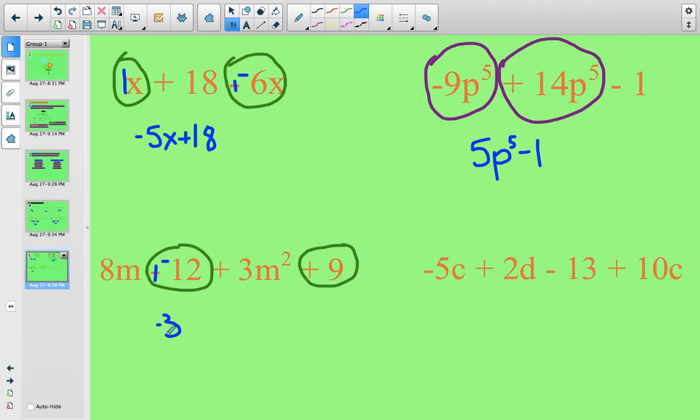And then when I move on from there and look at what else I have left, these two terms do not combine. They have different variables. So this 8m here is positive. So when I put it back into my answer, I'm going to write it as plus. And then I also have that positive 3m squared.